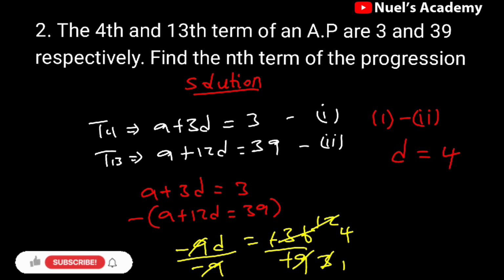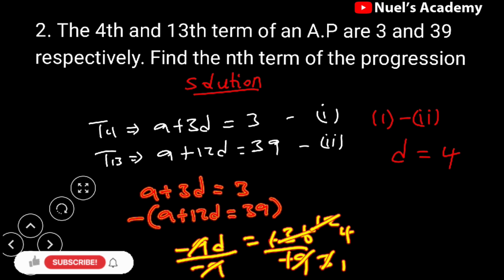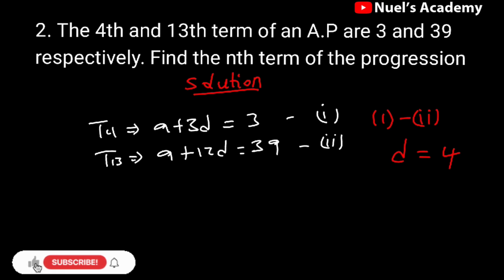Now we can use any of these equations, either equation I or II, to find the value of A. But let's use equation I because it is the simplest of them all. So we have that A plus 3D is equal to 3. That's from equation I. Let's make A the subject of the formula.